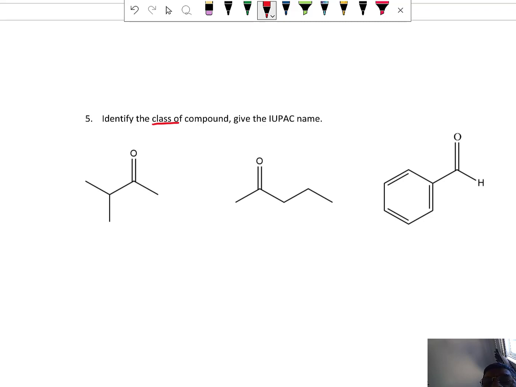If you remember, I said carbonyl has two versions of it. There's C double bond O in the middle of a carbon chain, and the other one is carbon C double bond O and a hydrogen also hanging. It has to be a terminal, actually the first carbon.